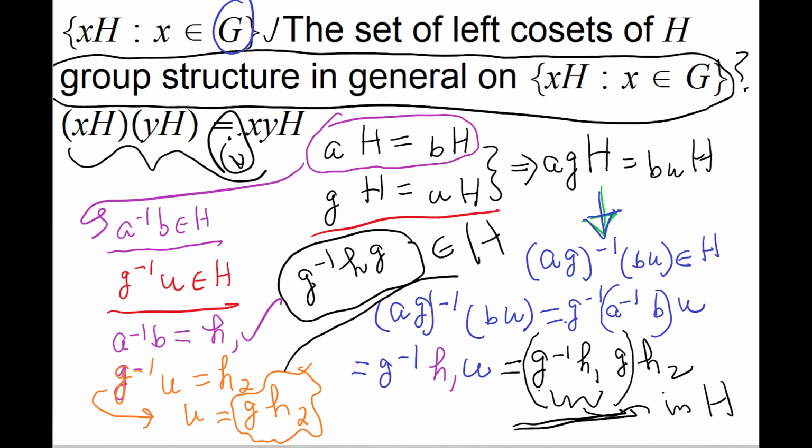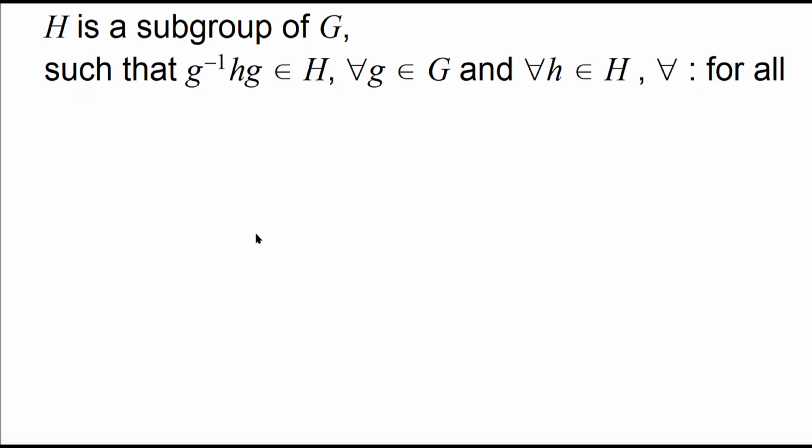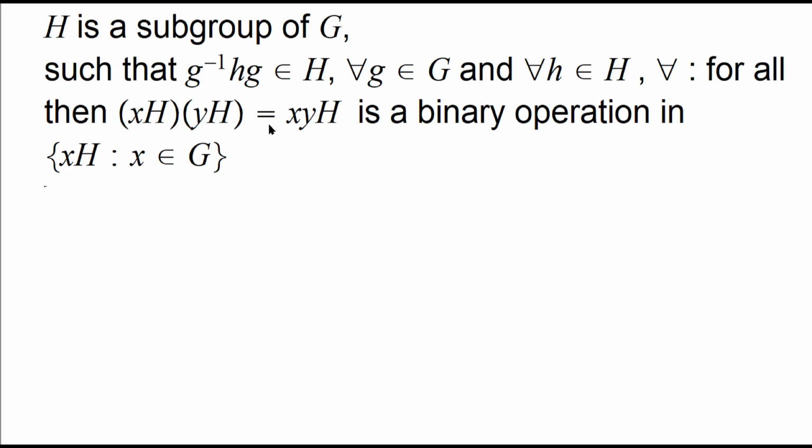All right. So now I'm just going to go ahead and borrow the proof and the ideas from our book to proceed further. So we have, if H is a subgroup of G such that g inverse hg belongs to H for every little g in capital G and for every small h in capital H, then we can have xH times yH, where x and y are elements of G, as a binary operation in the set of left cosets.